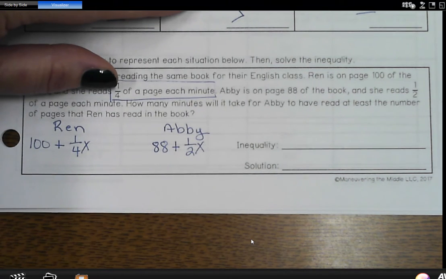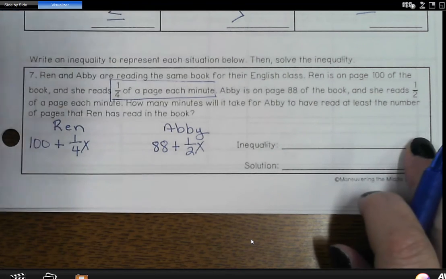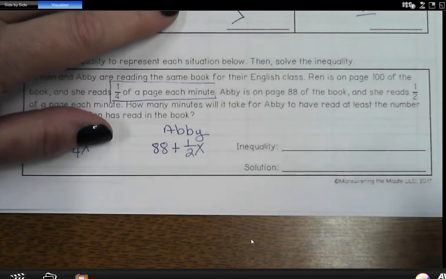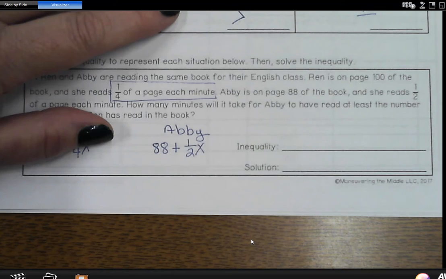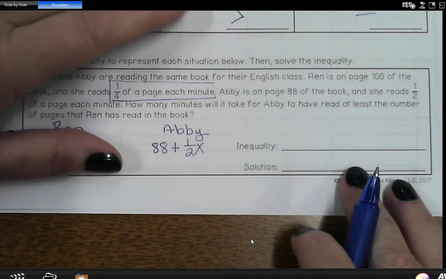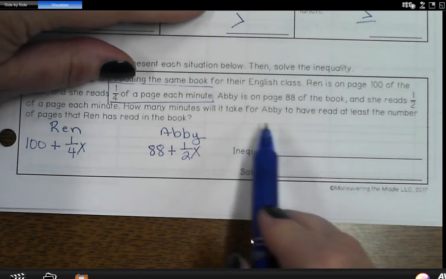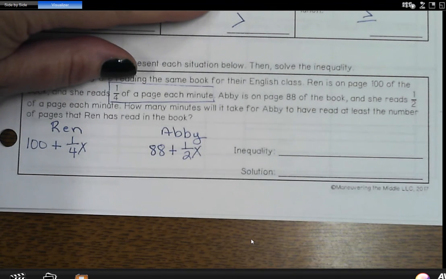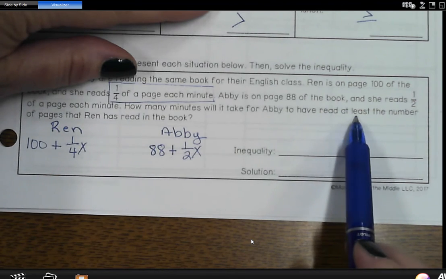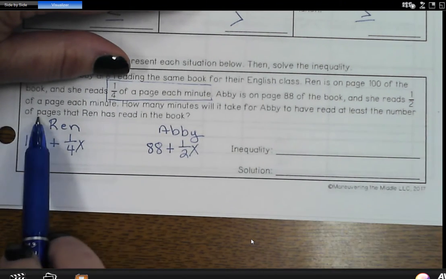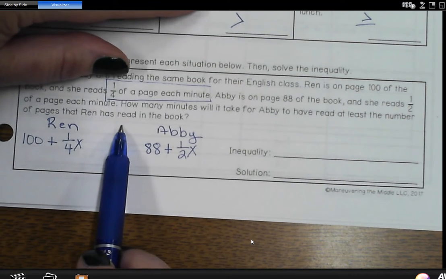Now, let's take a look at what our inequality symbol is going to be. So, how many minutes will it take for Abby to have read at least the number of pages that Ren has?